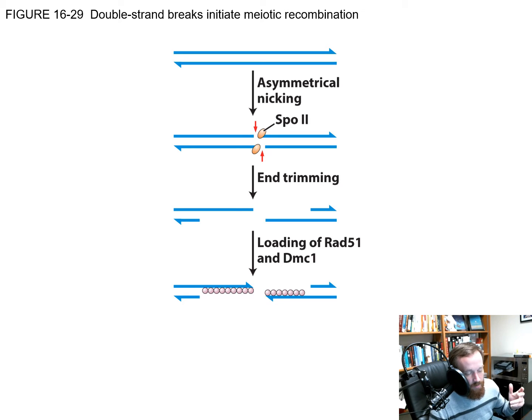So these single-strand overhangs, there are these enzymes called RAD51 and DMC1 that bind to these overhangs to protect them and to help invade the complementary strands. But through some process we don't know, they're always able to find the matching strand, the complementary strand on the other chromosome.